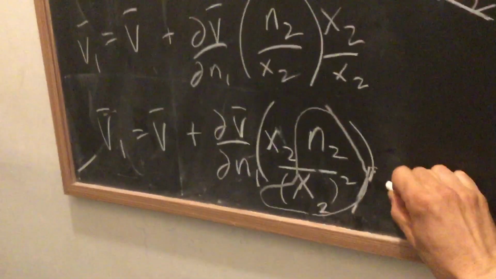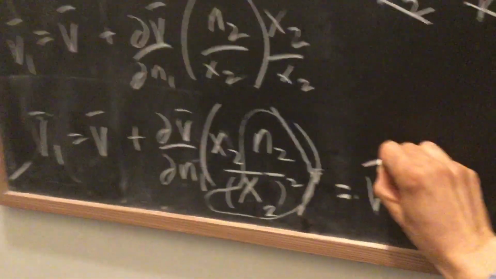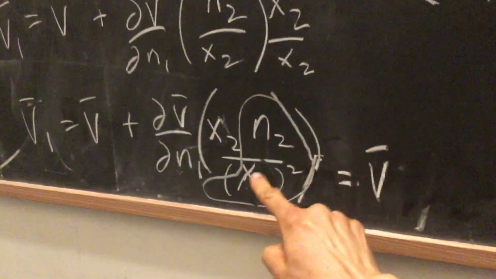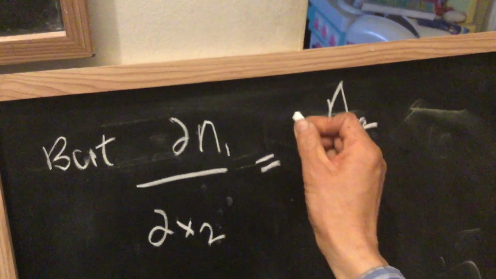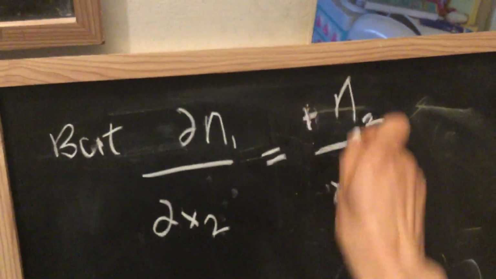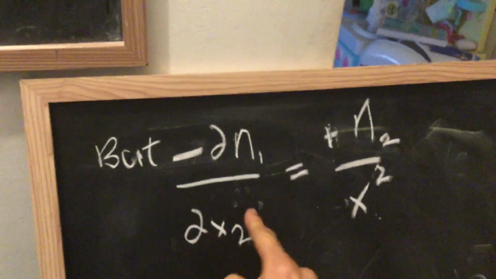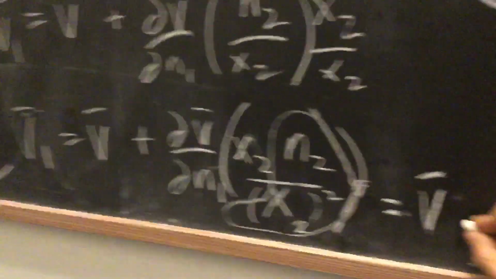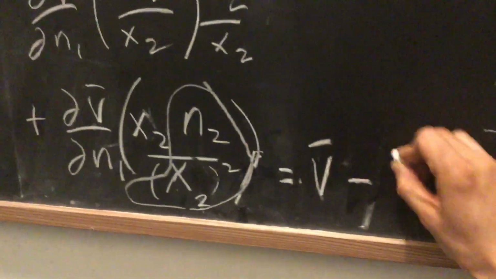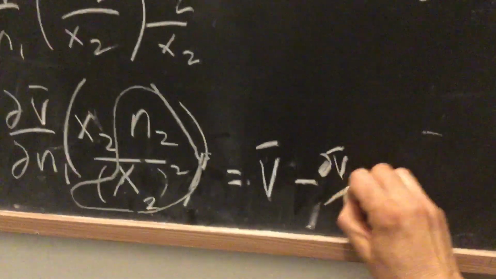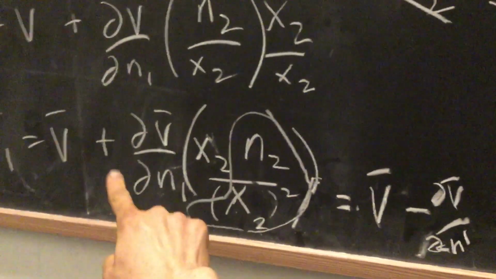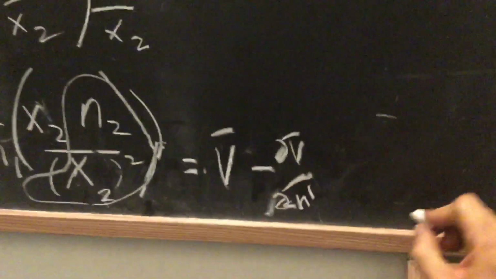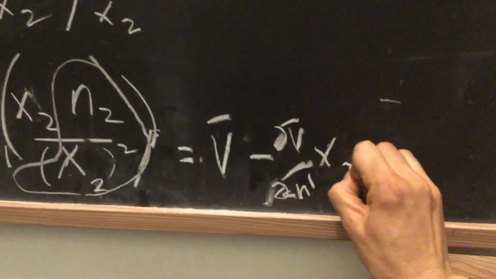All right, so we'll put the finishing touch now here. So this V1 bar is equal to V bar. So I'm going to put negative what? dN1 over dX2 squared. So if I have a positive here, then I have to put a negative here. So negative dN1 over dX2 squared. All right, so this is going to be minus dV bar dN1. So the minus is there, and I keep the X2.